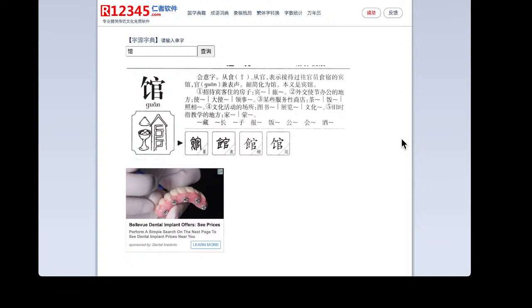Put together, it means an official in charge of providing food. Originally this character was built to mean a place to accommodate guests for food and for stay. So this is 馆.